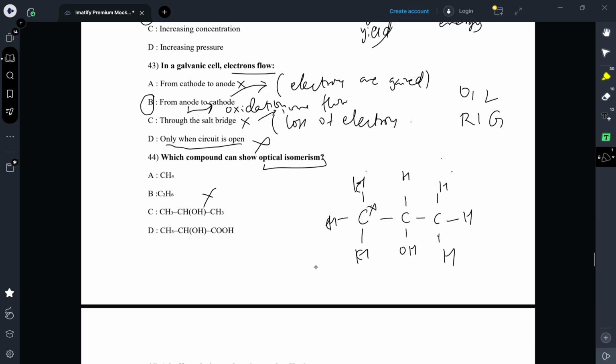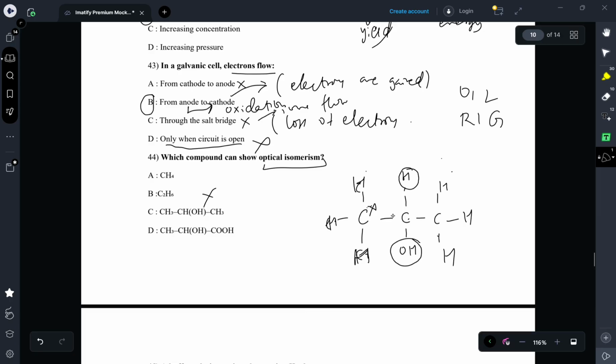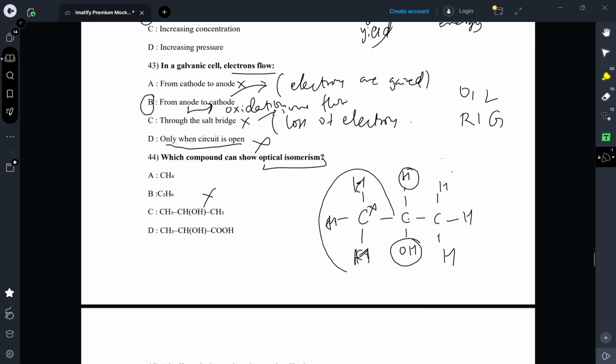No, this is not chiral because it has hydrogen here, here, here, which are the same. This one has hydrogen here, yes, which is different than OH here. But if we look here, it has a CH3 group here and a CH3 group here. So these two are the same, so this cannot be a chiral carbon, because these two groups are the same.